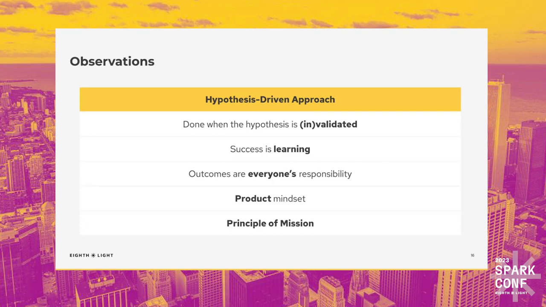The team and the manager, the entire organization is thinking about this hypothesis, which is connecting the activity to the objective. The primary focus is on adding value, which describes a value-driven or product mindset. And this promotes the principle of mission, which describes the intent of the mission and why, which is to increase engagement and collaboration.